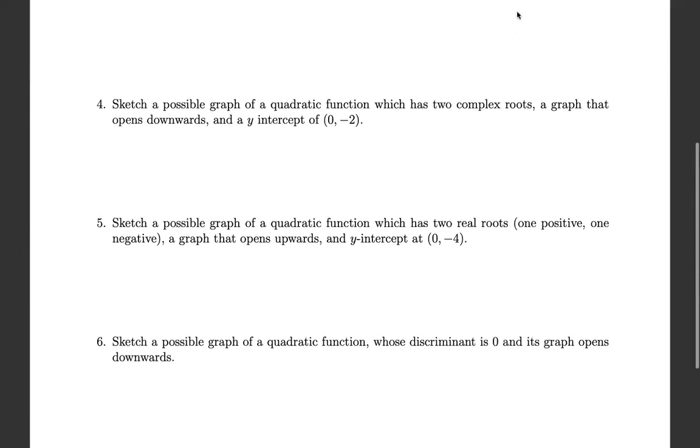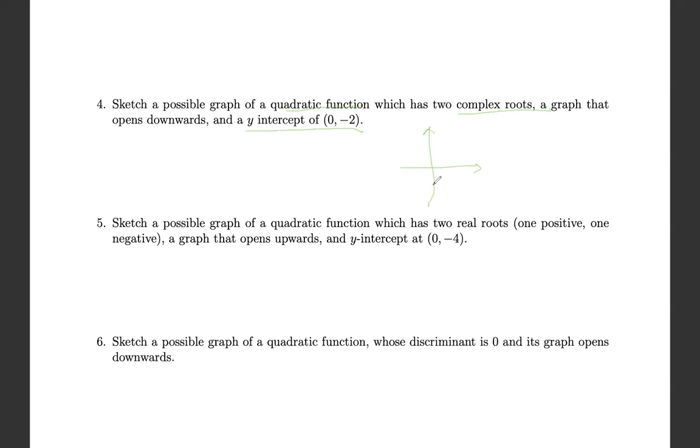Let's see 4. Sketch a possible graph of a quadratic function which has 2 complex roots. A graph that opens downwards. And the y-intercept is this, all right? So that's not difficult to graph, indicated with an arrow.